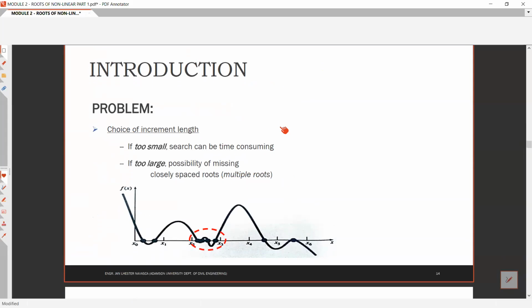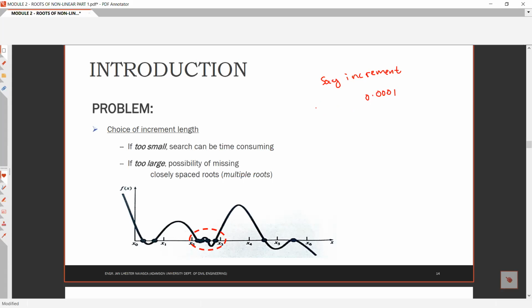So, kunwari, we will be choosing yung incremental search, di ba? Nag-search tayo, we will be using incremental search. Meron tayong step na ganito, 0.001. Okay? Ang marami siyang problem. Okay? The first problem is if too small. Kapag sobrang liit ng increment mo, say ang increment ng search mo is 0.0001, okay? Gusto mo for at least 4 decimal places yung exactness.